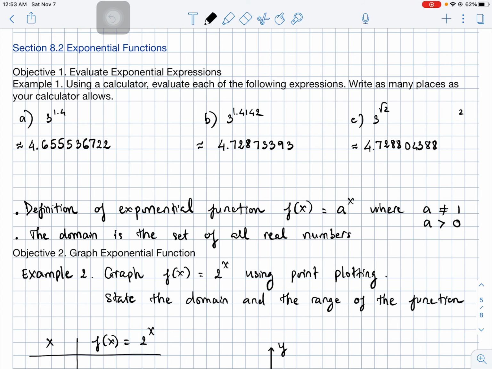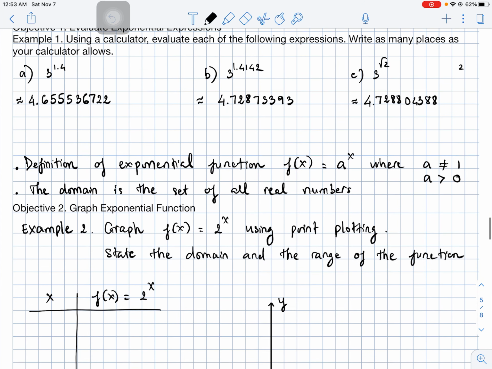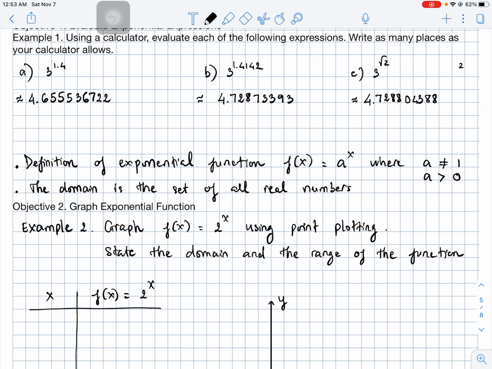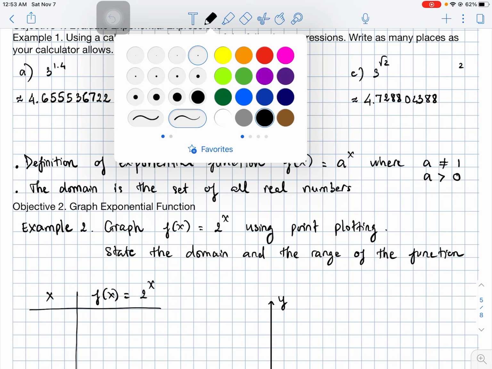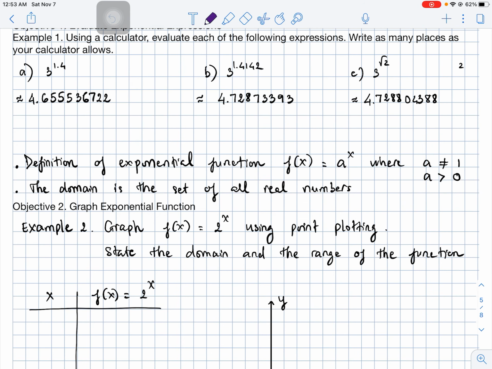Definition of the exponential function is that f of x equals a to the x, where a is greater than 0 and is not equal to 1. We learned the function before. For example, we have f of x equal to x squared. It is a parabola.